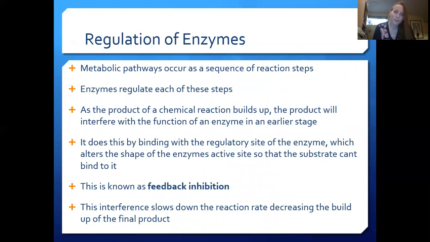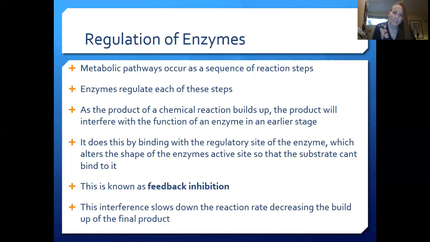Usually metabolic pathways, which are just different reactions that take place inside your cells, occur in a bunch of different steps. Think of cellular respiration. You first have to break the glucose down to the pyruvate, and then you have to turn the pyruvate into acetyl-CoA, and then you have to go through the Krebs cycle. There are all of these steps that have to happen in a certain sequence. And enzymes regulate each of those steps of the sequence.